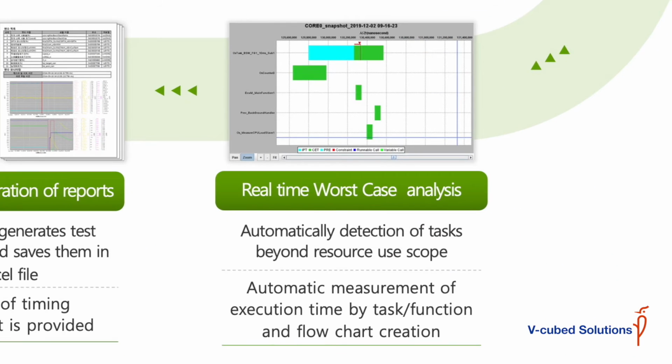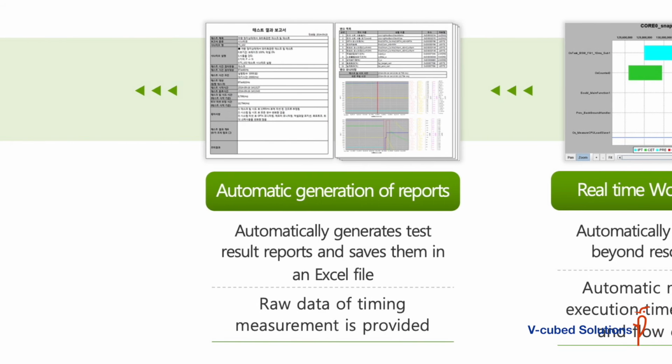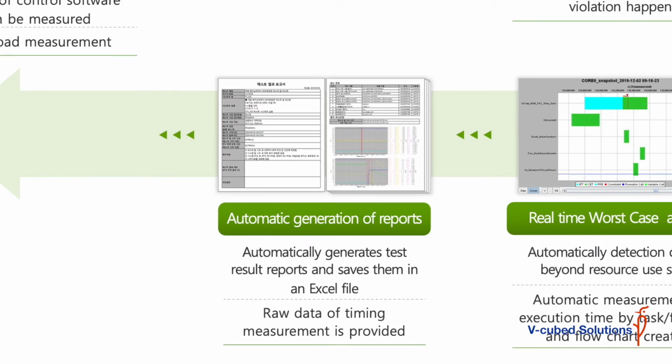And then it goes in and does an automated real-time worst case analysis, and we'll show you what the worst case analysis are. And of course, at the end, it gives you the automatically generated report that you can go back and review with your management, review with your staff, or submit for the certification processes.